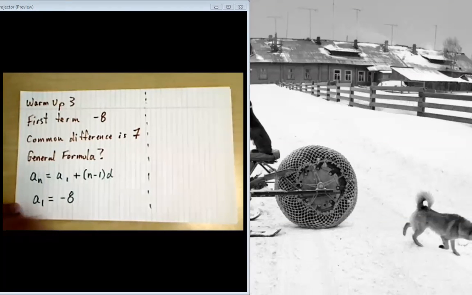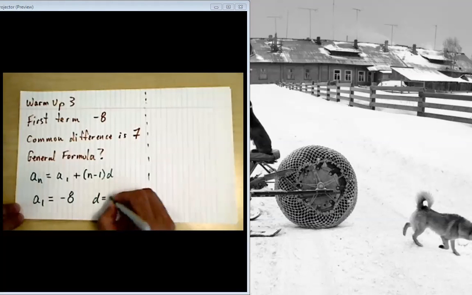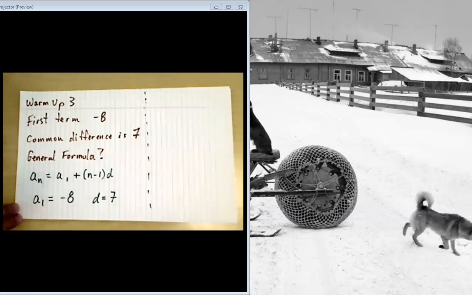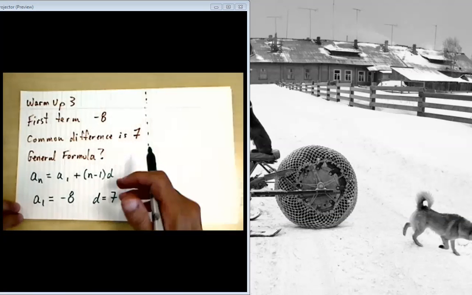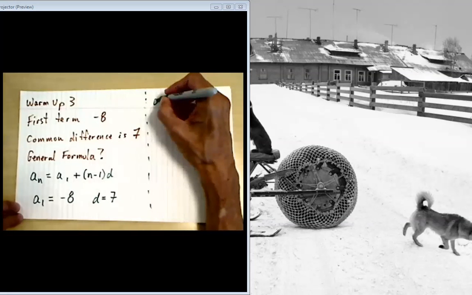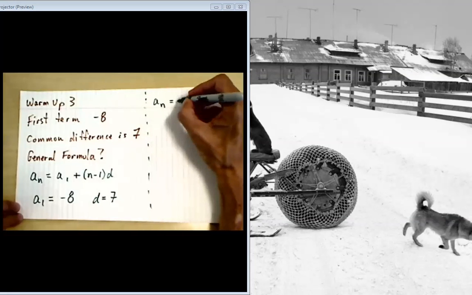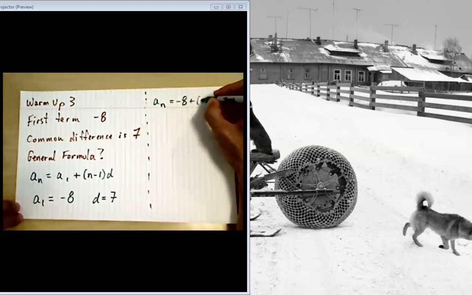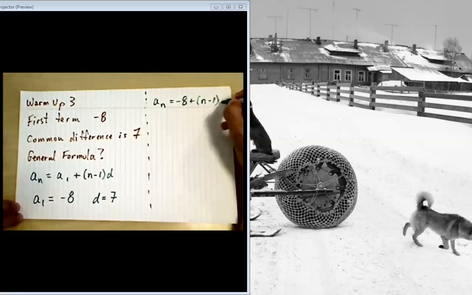It's d. That's right. d is the common difference, and d is 7. So A n equals minus 8 plus, in a bracket, n minus 1, and 7.